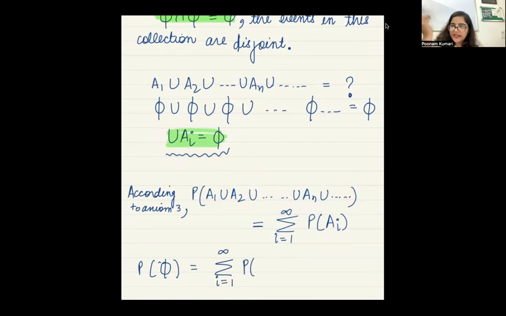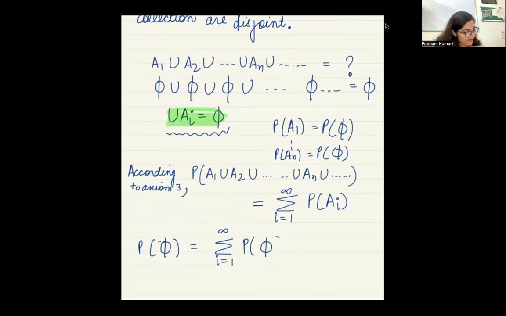Any event that I take is phi only, right? So the probability of A1 is actually the probability of phi, because A1 is phi only. Similarly, the probability of any An is also the probability of phi only. So this is nothing but the sum of the probability of phi.